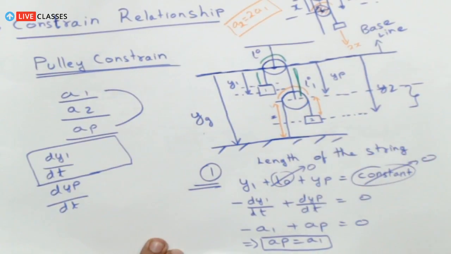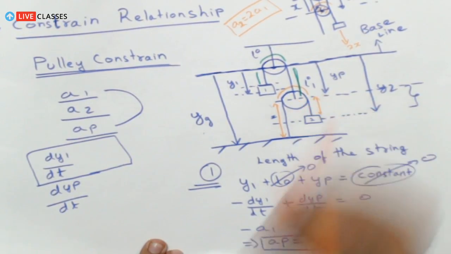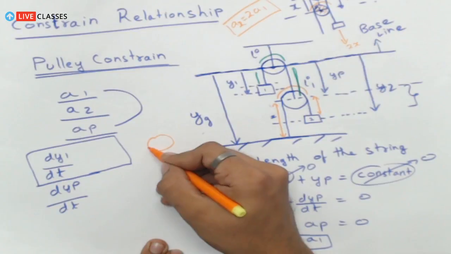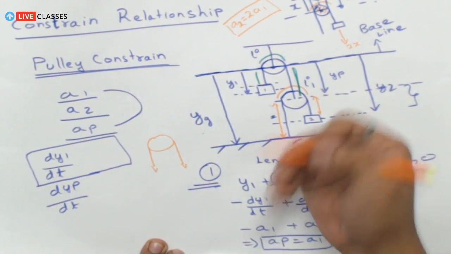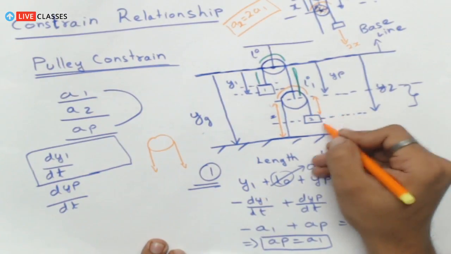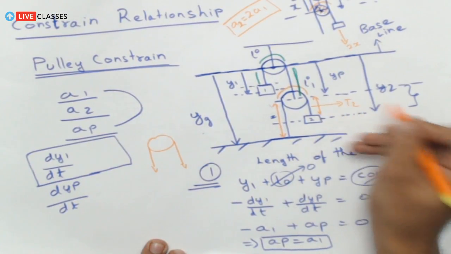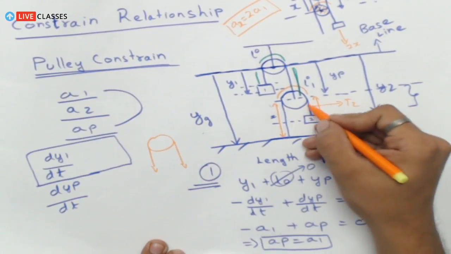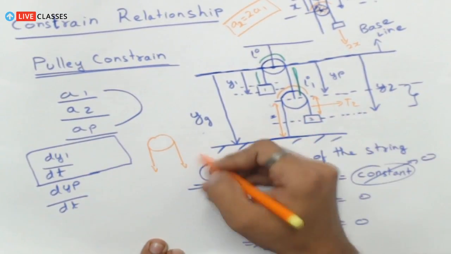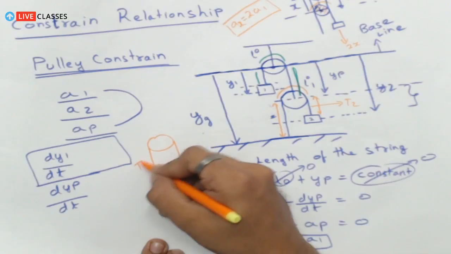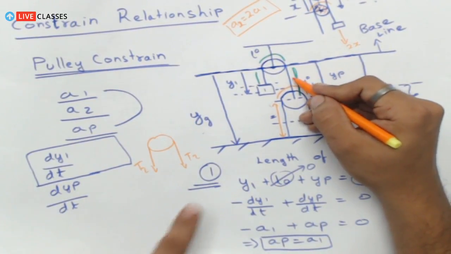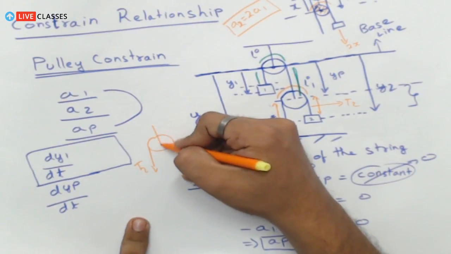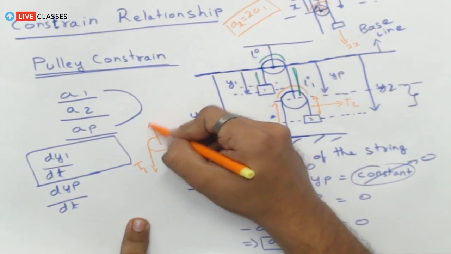So when you draw the FBD of the pulley, what you will see, let's say the rope has a tension T2, this rope. As you can see, the rope is going on both sides of the pulley, so two T2 are acting on it. And the string tension in this rope, the center rope, is T1.